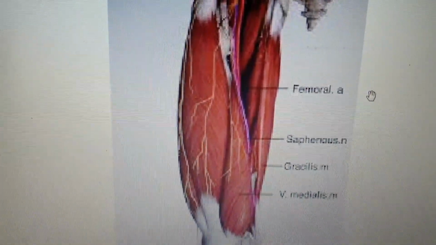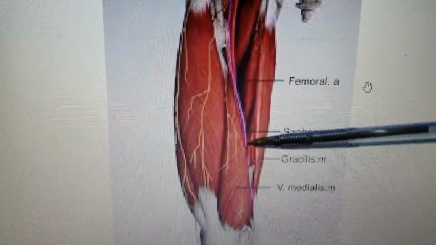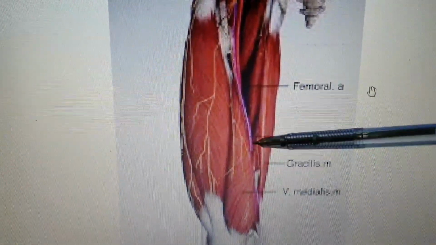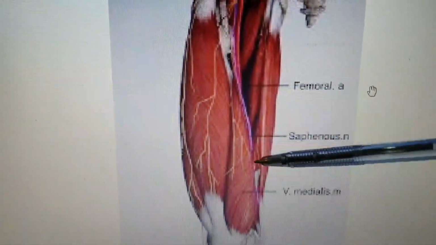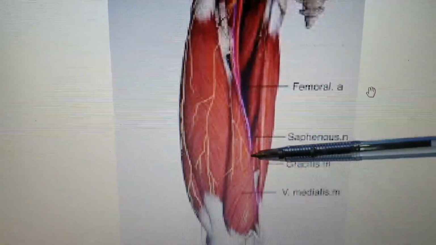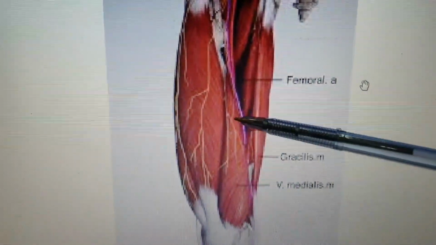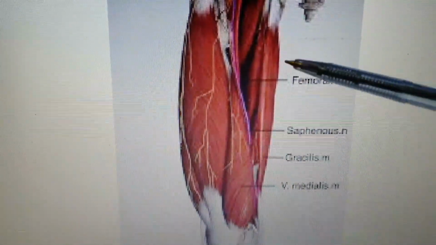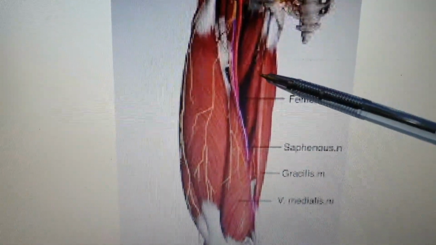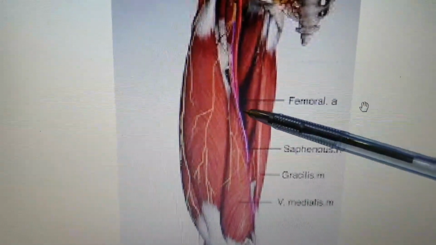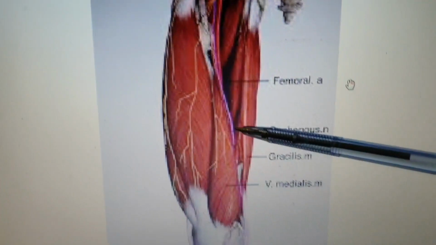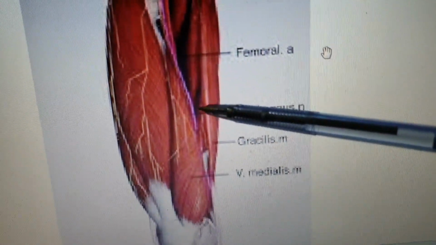Now this is another diagram in which you can see the adductor canal, which is open as we have removed the sartorius, and the white tough membrane which was forming the roof of the adductor canal. So this muscle is the vastus medialis, this is the rectus femoris, this here is the adductor longus, and small portion of the adductor magnus is visible over here.